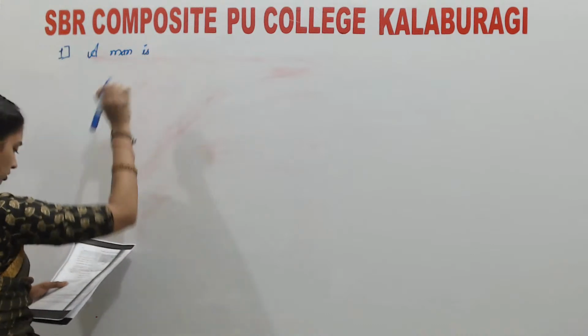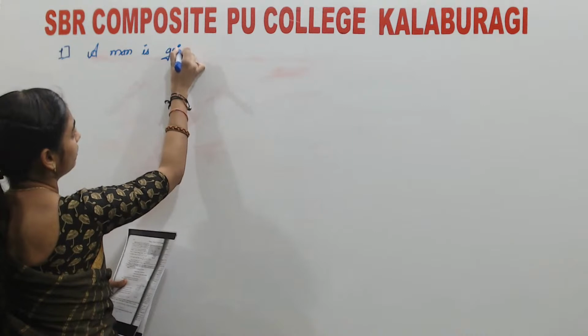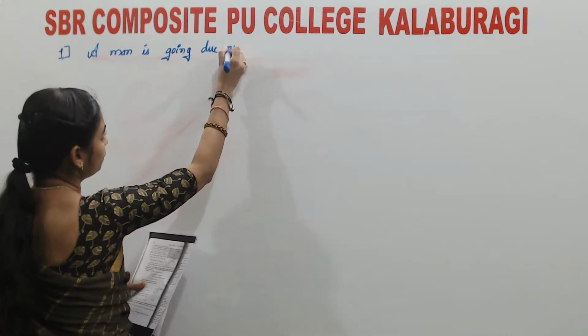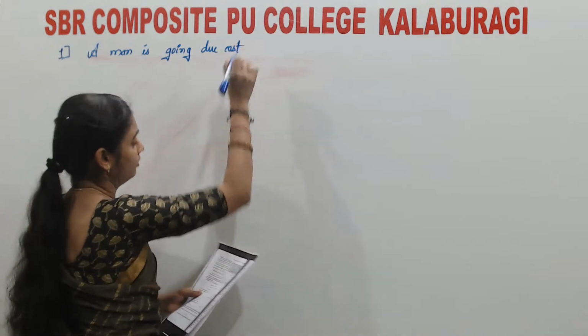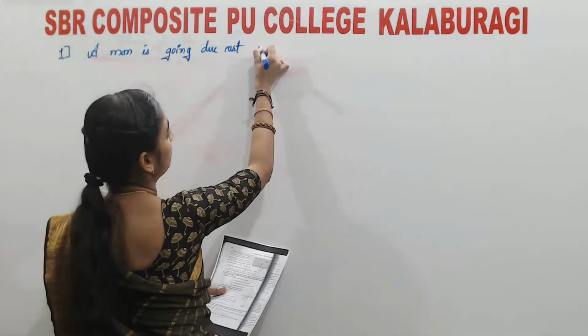A man is going due east with a velocity of 3 km per hour.